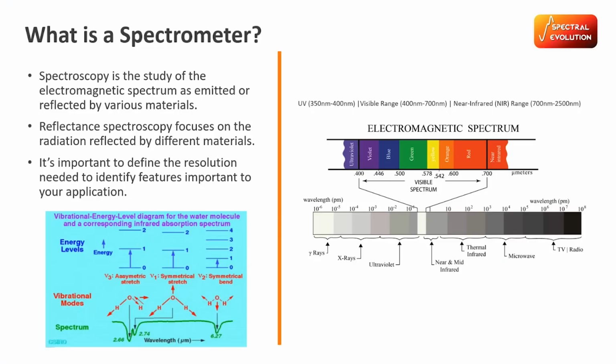In geology, it's primarily using reflectance spectroscopy, where we measure the radiation reflected by a material. These reflectance measurements are directly linked to the material's chemical structure and bonding. And our spectrometers typically cover the full range from 350 to 2500 nanometers, which is critical for most applications in soil, vegetation, and mineral analysis.